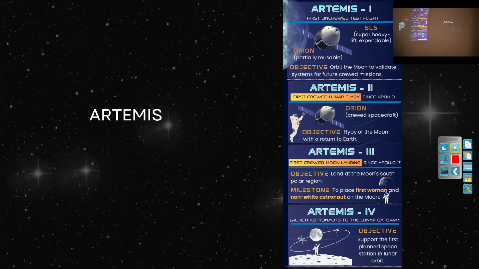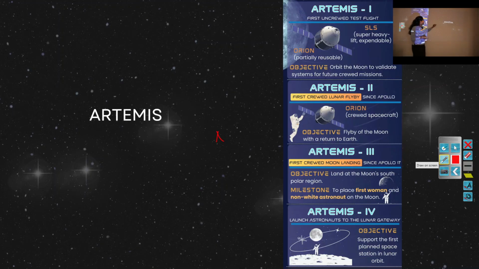So you can write about Artemis, a joint mission of NASA, ESA, that is European Space Agency, CSA, Canadian Space Agency, and JAXA, that is Japan's space agency.